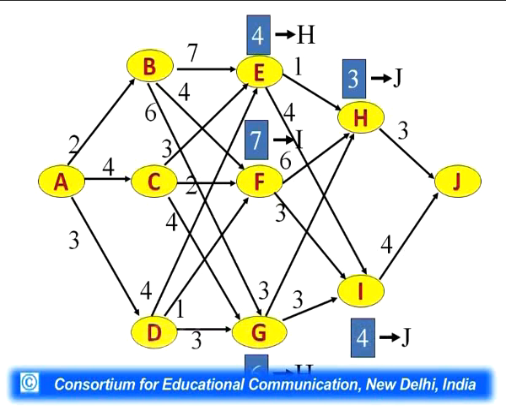Now, look at the condition: had we added from I to G, how much distance would it have been? Till I it is 4 kilometers, from I to G it is 3 kilometers, 4 plus 3 is 7. So 7 is more than 6, that is why we have taken 6, which is the shortest possible route. So 2 stages we have covered so far.